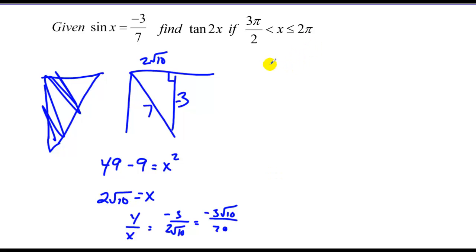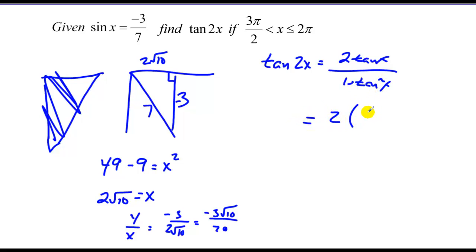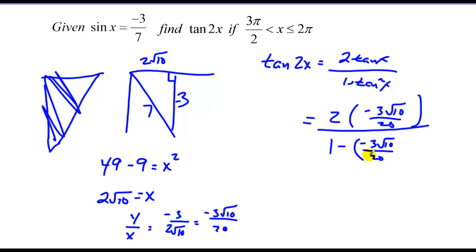And I have the tangent of 2x equals 2 tan x over 1 minus tan squared. So 2 tan x is equal to 2 times -3 root 10 over 20, over 1 minus -3 root 10 over 20, and that's quantity squared.